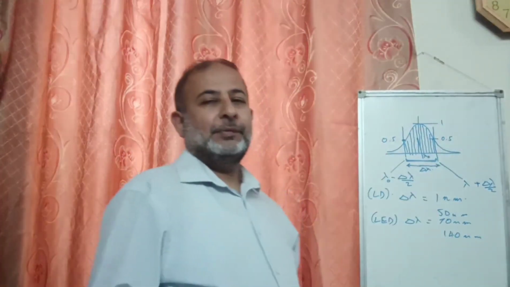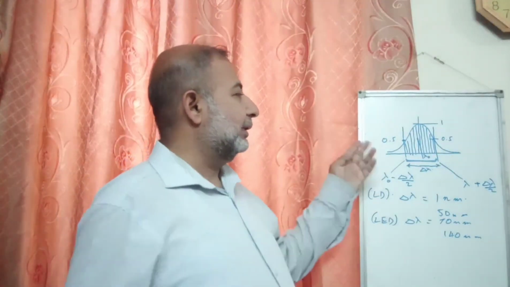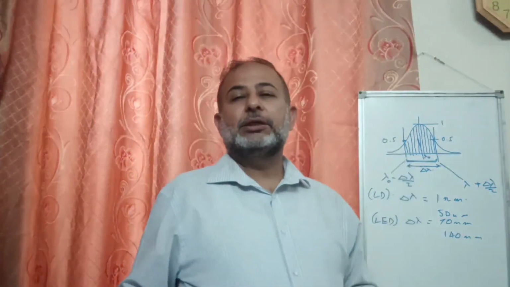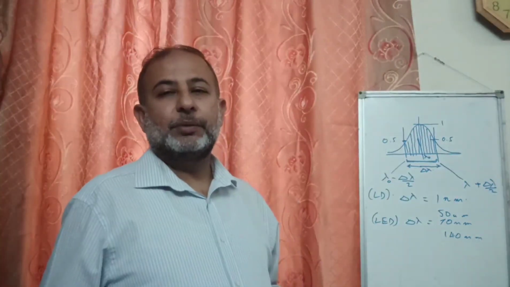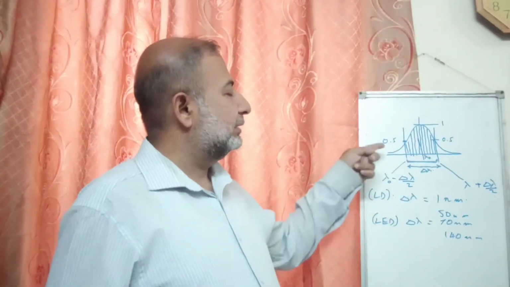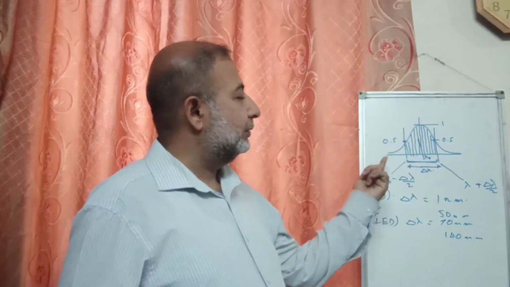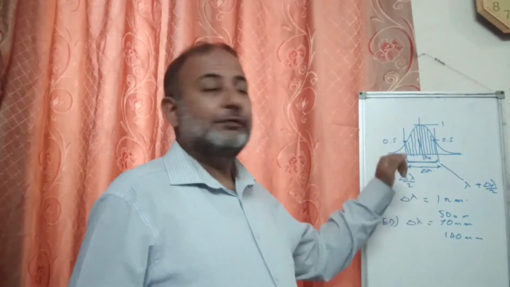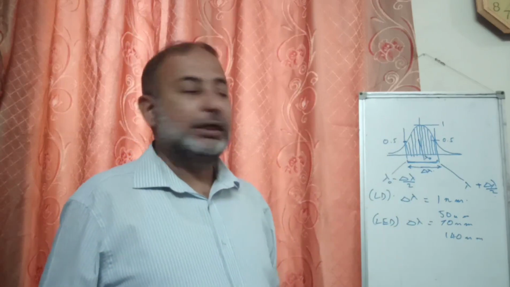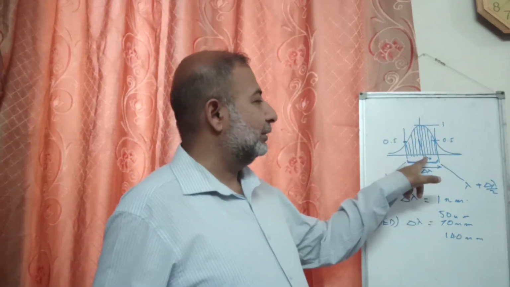What does that mean? You can see in this diagram that the intensity of the light produced by the source or the laser diode is drawn with respect to the wavelength. The central wavelength is called lambda naught, as shown over here.